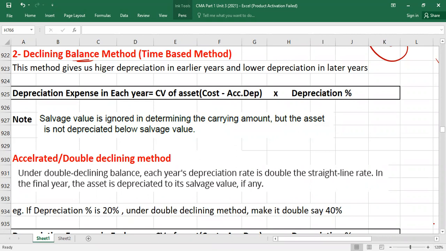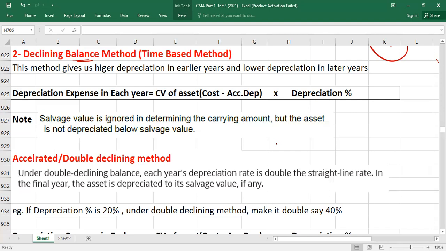And under the declining method, what will happen? In earlier years, for example, if an asset has a 10 year life, maybe in the first 3-4 years, or in the first year, depreciation will be higher, second year it will be lower, third year even lower, fourth year lower still. This pattern will continue.